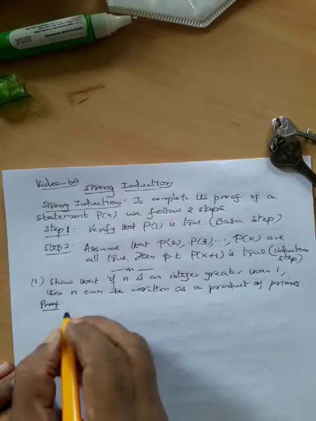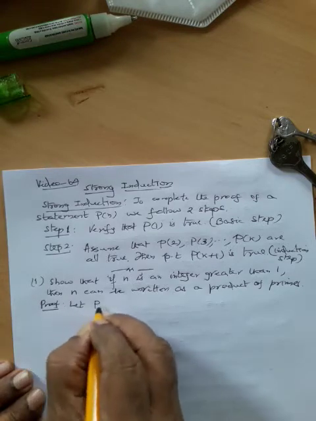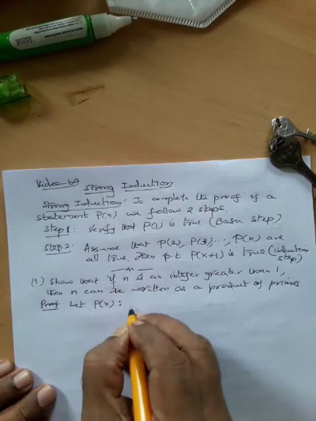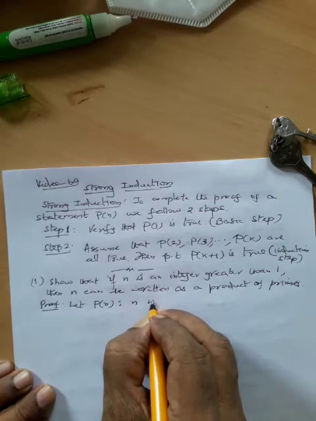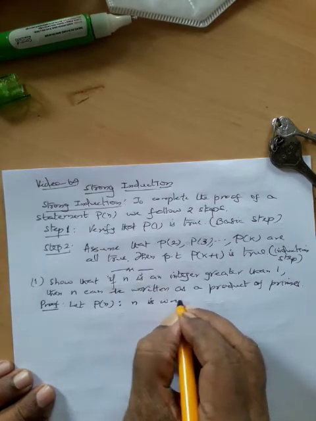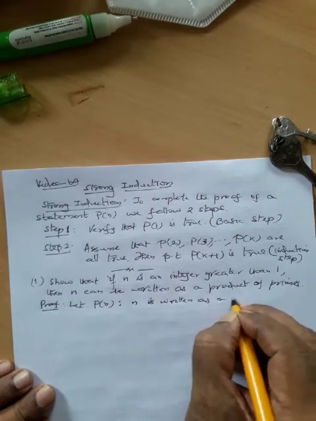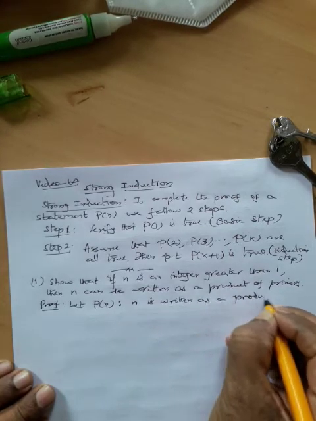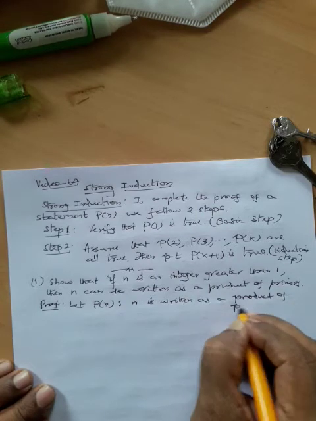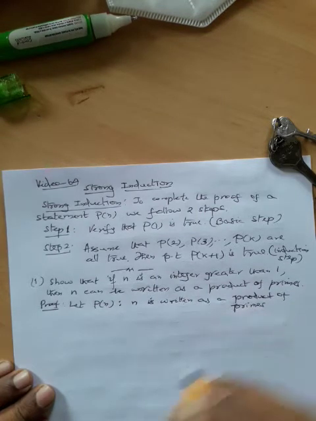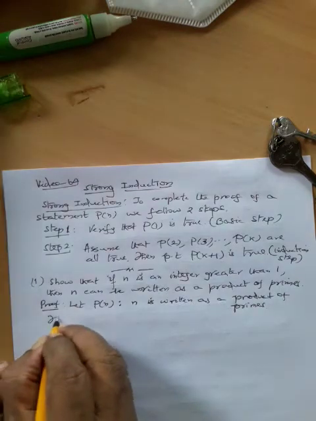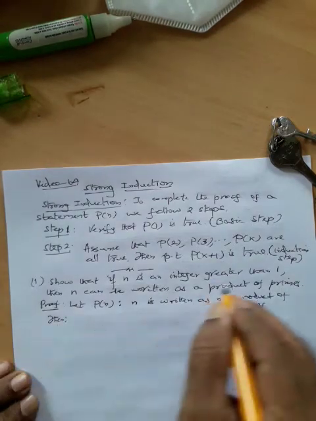So let P of n be the statement: n is written as a product of primes, when n is greater than or equal to 2.